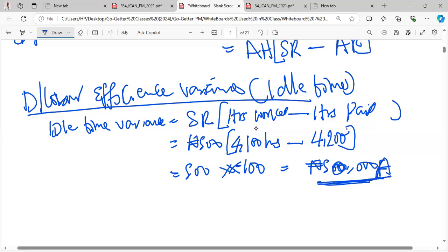Then productive time is 4,100. The extra that you are paying them, you are paying them for an extra 100 hours that they didn't work. So that is the idle time. Idle time is always adverse.